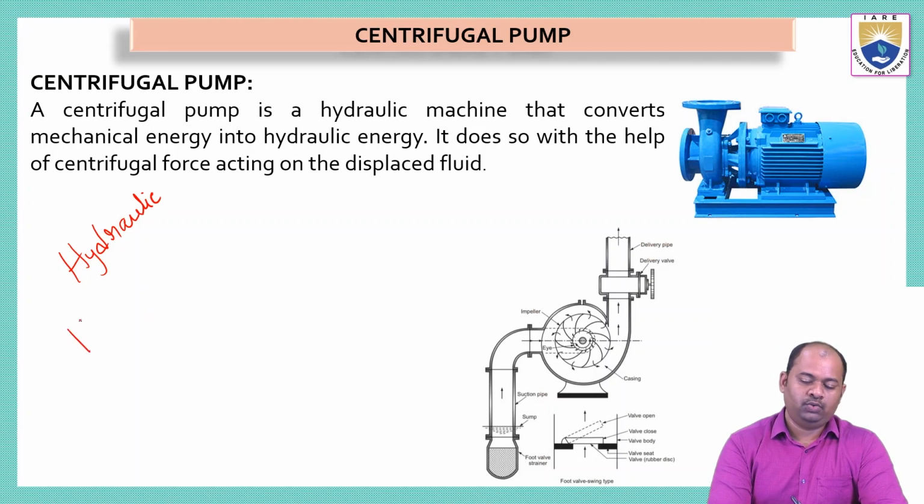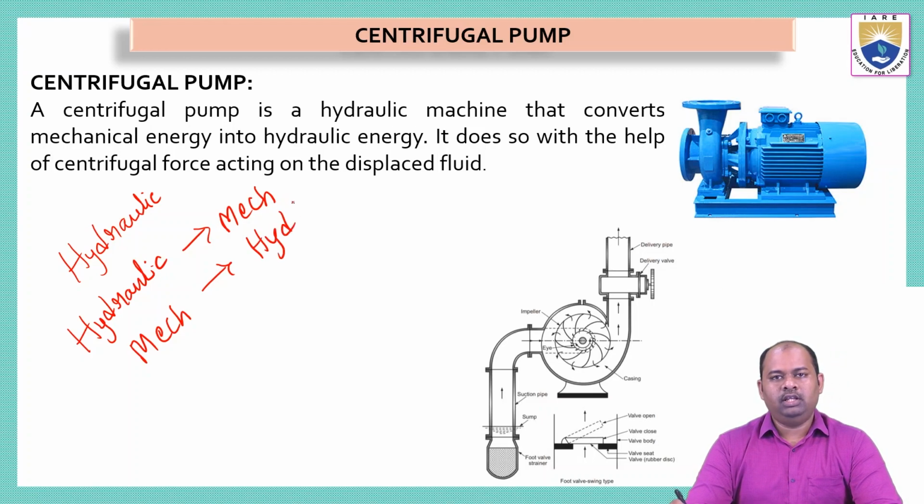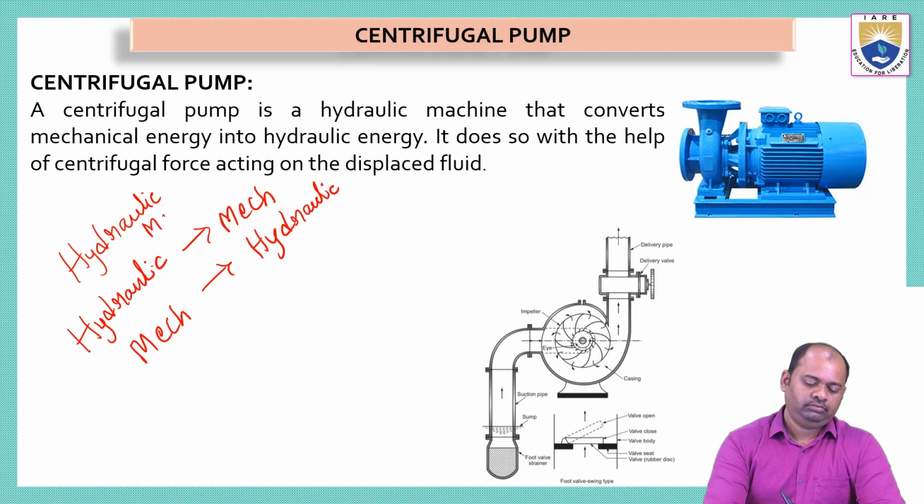There are two types: hydraulic energy is converted into mechanical energy, and mechanical energy can be converted into hydraulic energy. Any machine which converts hydraulic energy into mechanical or mechanical to hydraulic is called a hydraulic machine.